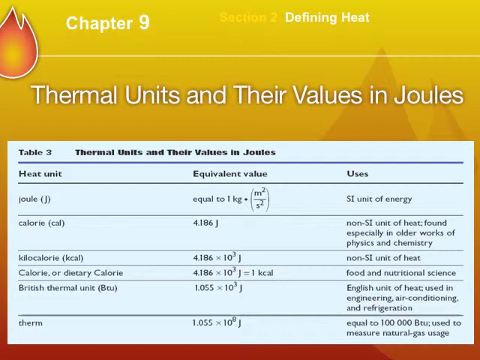It's 1,000 joules, you could say. Makes a British thermal unit. And what is that, 10 to the 8th? What the heck is that? Something like a billion, right? 10 billion, something like that, is a therm. 100,000 BTUs. Therms are used for natural gas.